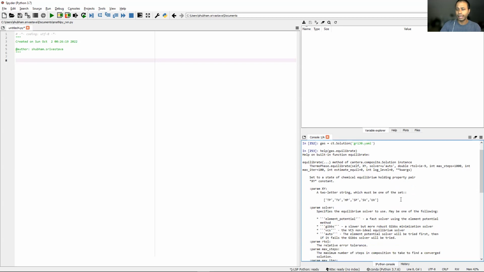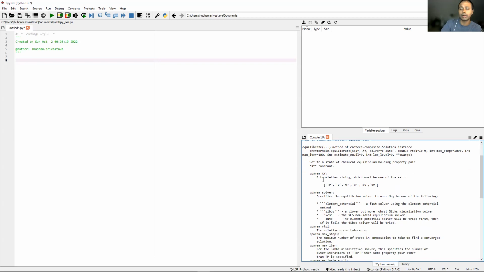So XY are these sets of two properties. You can either have TP, TV, HP, SP, SV, or UV. What this means is that if you type in gas.equilibrate in parentheses and you write TP, that will mean that Cantera will keep the temperature and pressure of the system constant while calculating equilibrium.